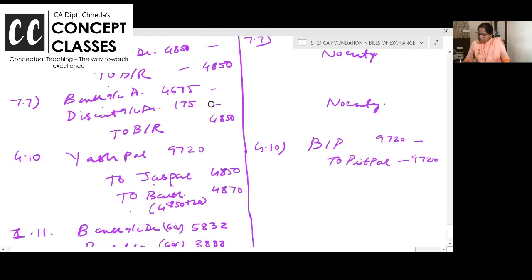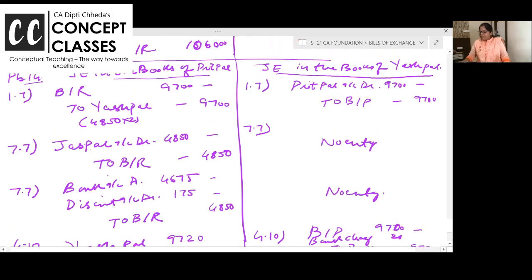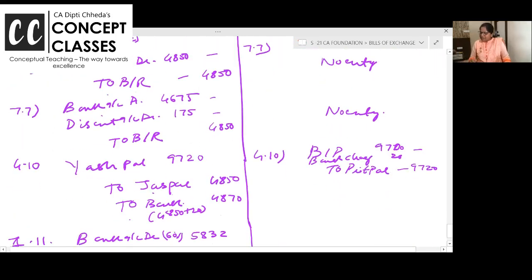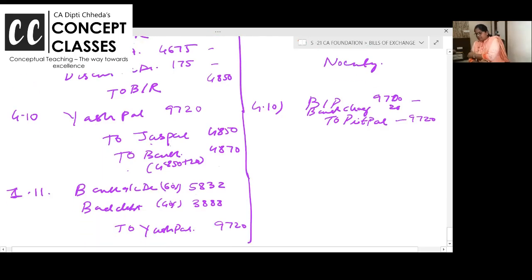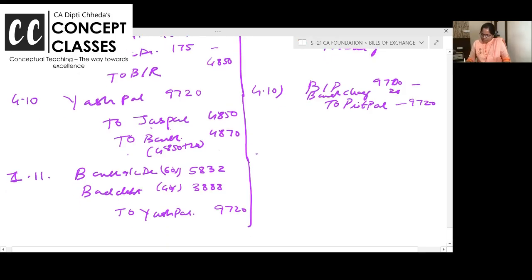9720. Oh, sorry, bank charges अलग debit होगा. Who will bear the bank charges? Drawing. Bills payable cancel for 9,700. Bank charges debit 20 to Pritpal 9720. ठीक है, चलो.